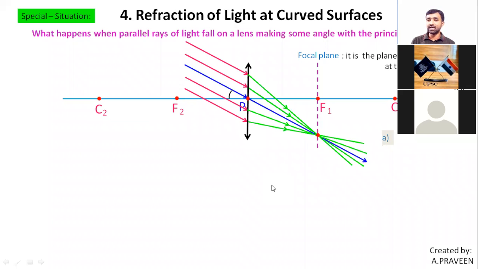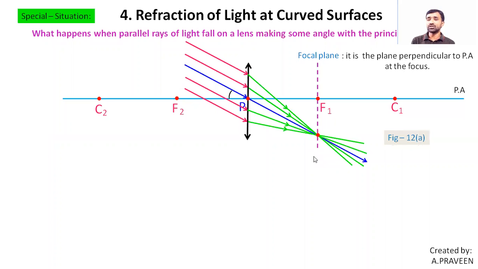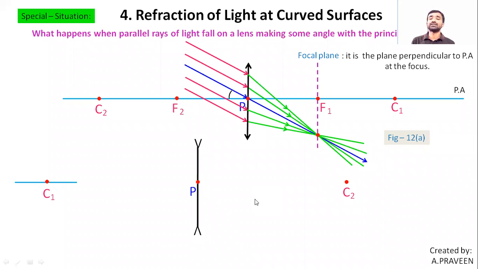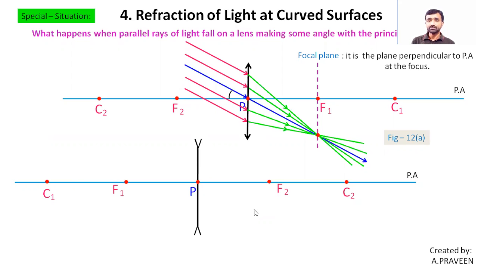So like this, you will get the behavior of light rays after refraction, if the parallel light rays are not parallel to the principal axis but make an angle with it. In the case of a double concave lens, we can expect it like this. See here. Parallel light rays, but making an angle with the principal axis.